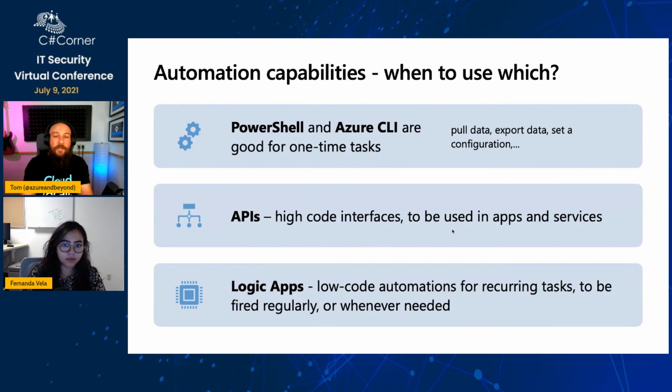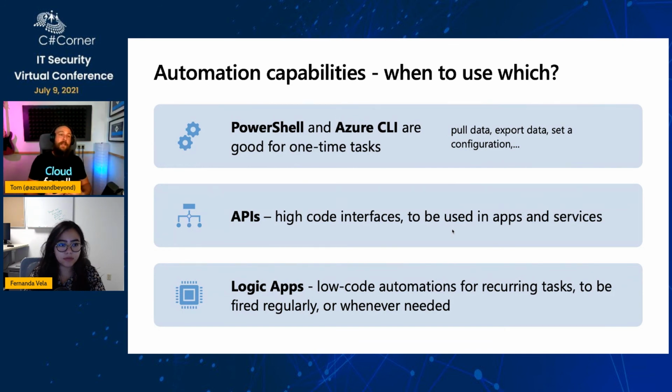Well, basically, PowerShell and Azure CLI are great tools if you want to have a one-time task, right? I've been using PowerShell quite a lot for even deploying resources, but that is not like having an ARM template or a Terraform template. It's more like an imperative language instead of a declarative language, which is not good for DevOps and CI/CD. But still, you could use it for that.